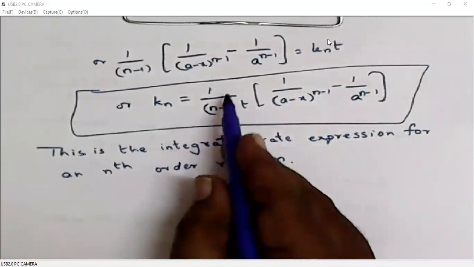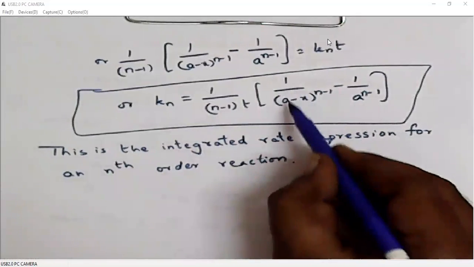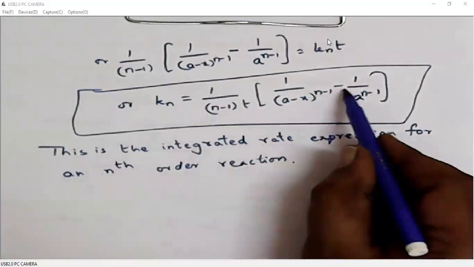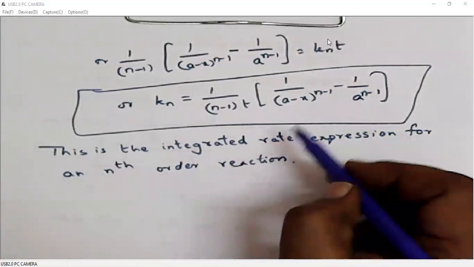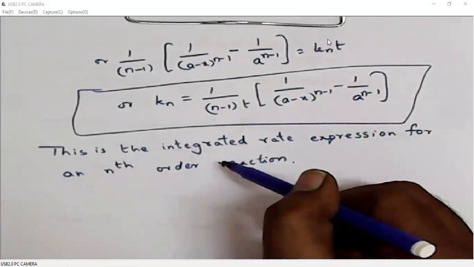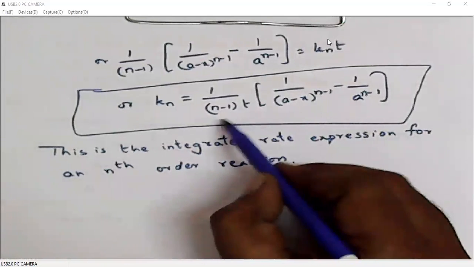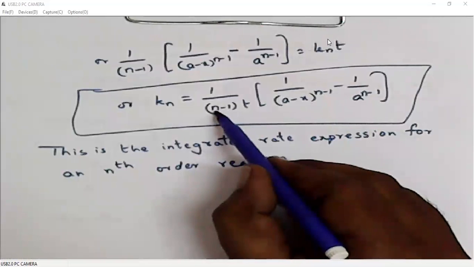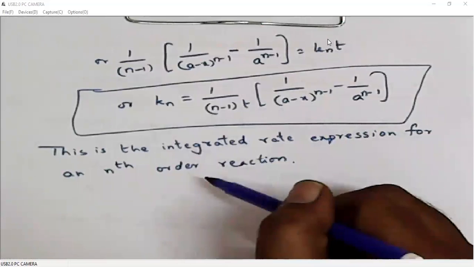Kn is equal to 1 by n minus 1 into t into 1 by A minus x whole power n minus 1 minus 1 by A power n minus 1. If you want to derive the rate expression for a first order and zero order, it may not apply, but for second order, you can substitute n is equal to 2. For a third order, you can substitute n is equal to 3, something like this.